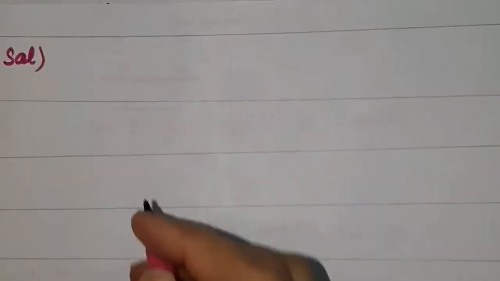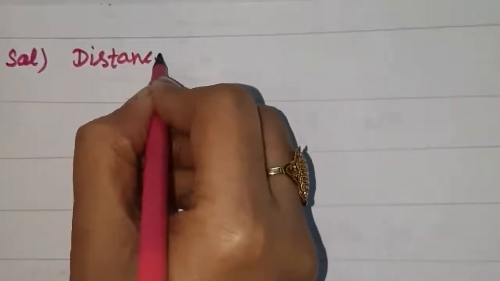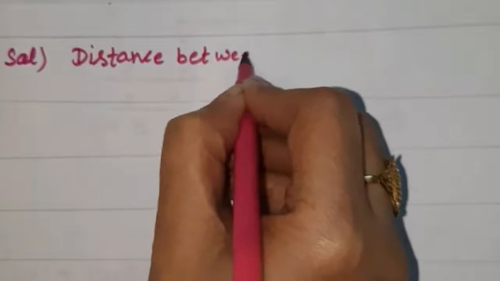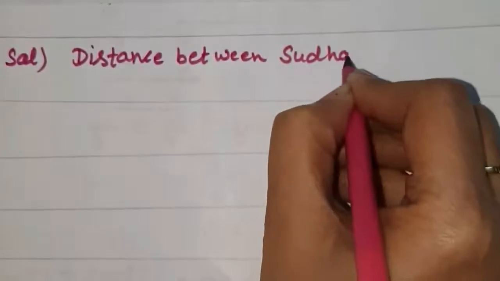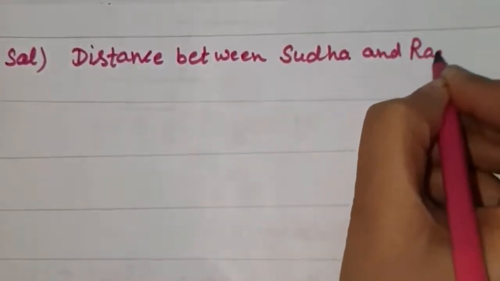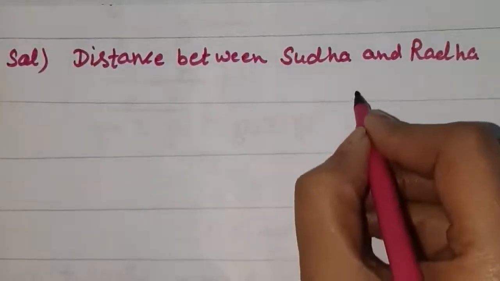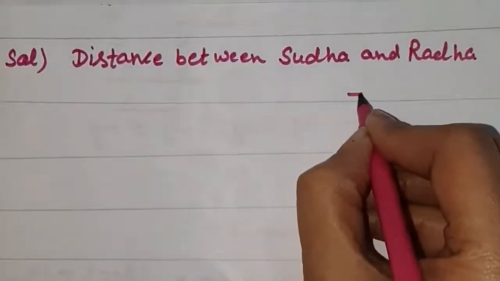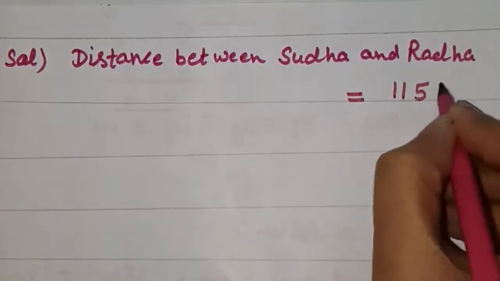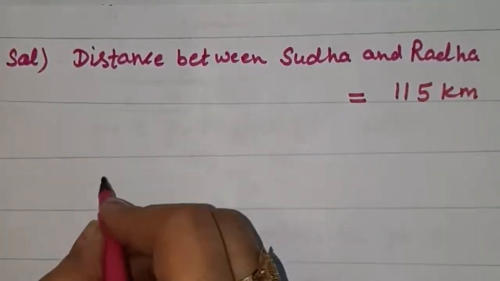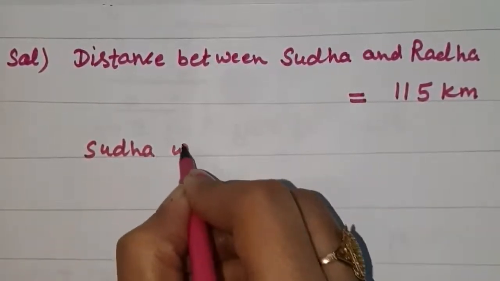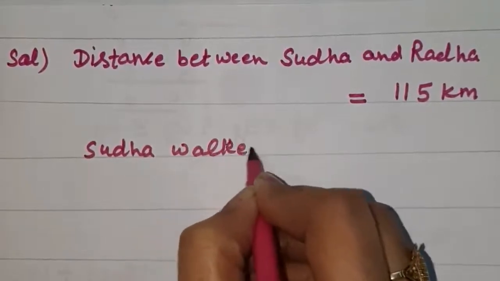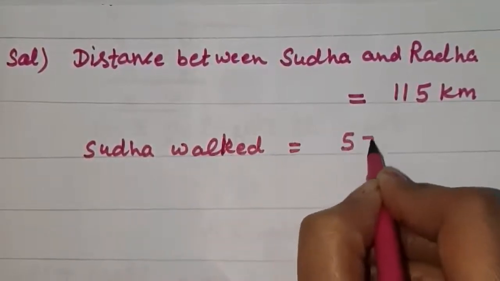So let's start the solution. Distance between Sudha and Radha is equal to 115 kilometer. Sudha walked is equal to 57 kilometer.